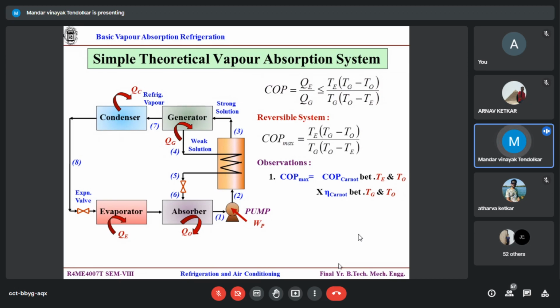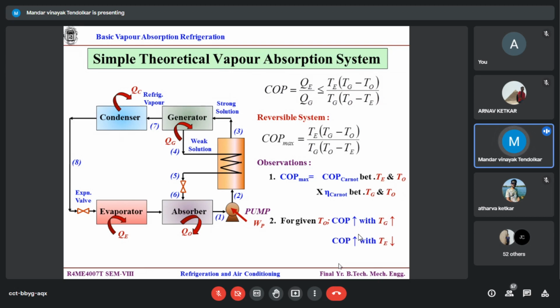Because Carnot is theoretical. Okay. So this is the beauty of vapor absorption system. The COP of one system is expressed in terms of performance indicators of the other systems, and that too ideal. Because one is COP, that means refrigerator, the other is efficiency, so that means engine. Okay.